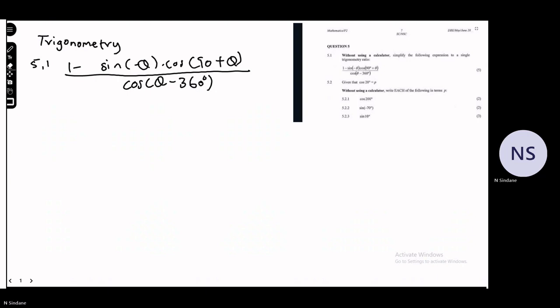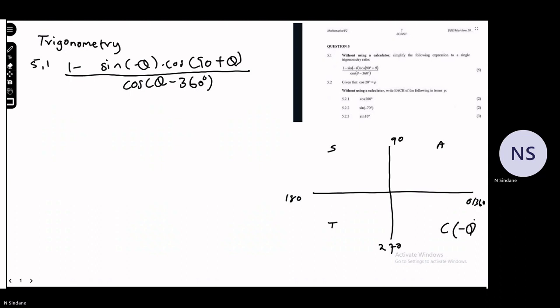Given something like this, it means we need to use a reduction. We need to use our CAST diagram, right? This is my 0 or my 360. This is my 90, 180, and 270. This is my All Students Take Coffee. Also, do not forget that in the fourth quadrant, that's where we find our negative angles.